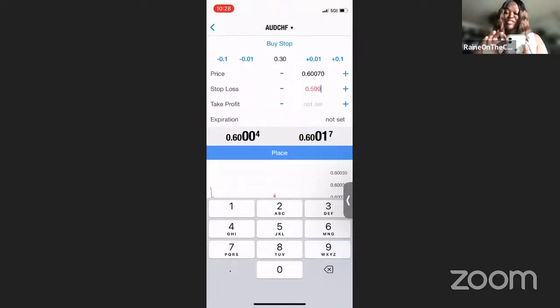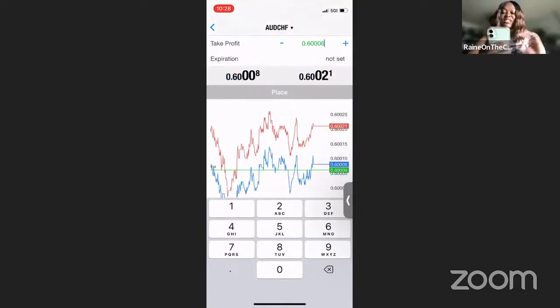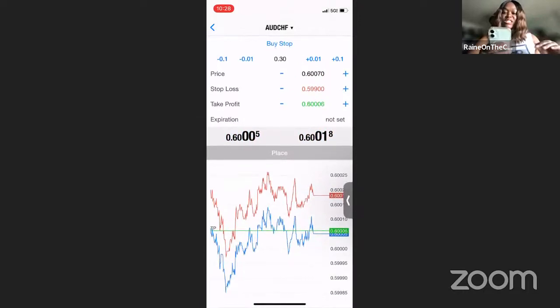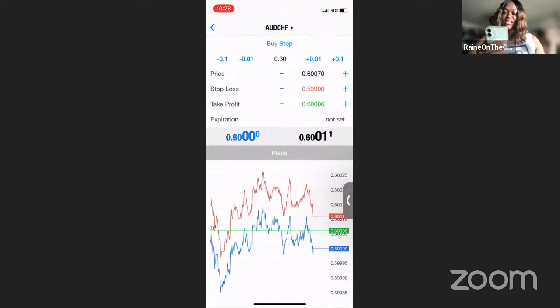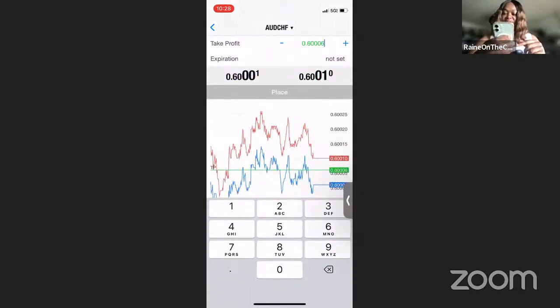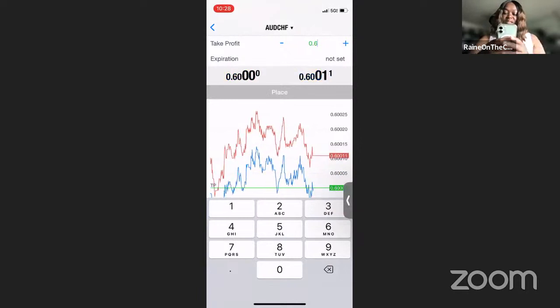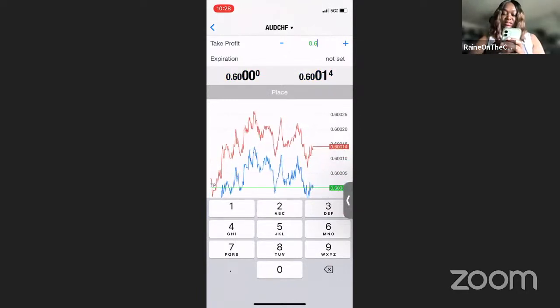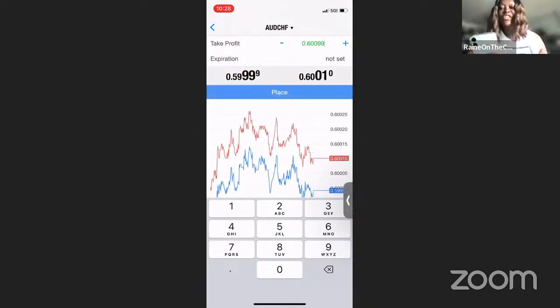I'm just making this up just so I can demonstrate. So the take profit, of course, is going to need to be above the entry price. Entry price is 670. So take profit, let's say, 699. And then you hit place.